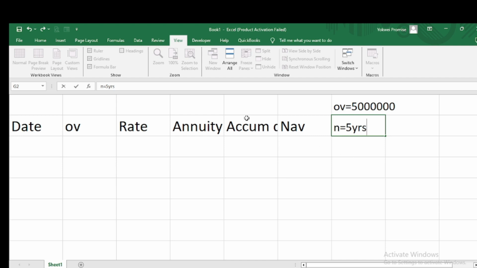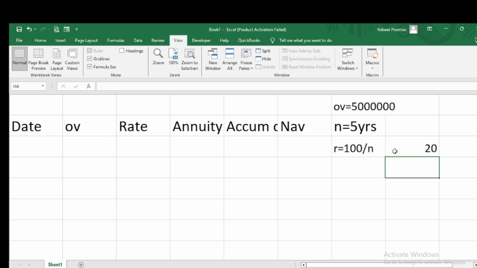The rate of this depreciation has not been given, and for us to determine the rate, R is always equal to 100 divided by N. In this case our N is 5, so R equals 100 divided by 5. So the rate will be 20%.